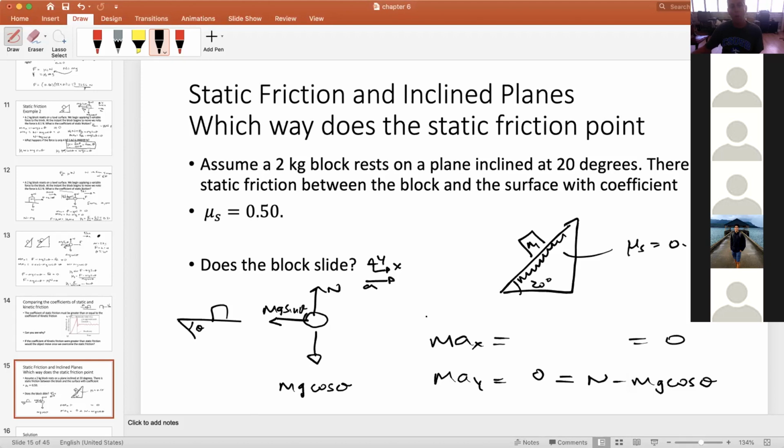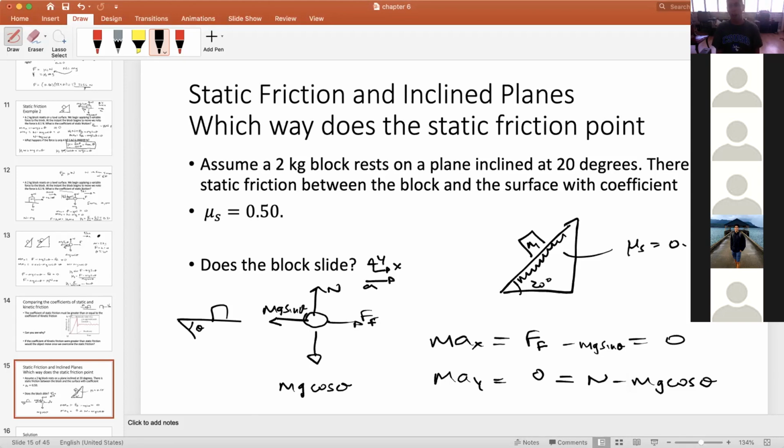So if a is going to the right, this is negative mg sine theta, but we need this to equal 0. So the force of friction has to be to the right. We can see that, right? In order for the forces to be 0, there has to be a force of friction to the right, mg sine theta to the left.